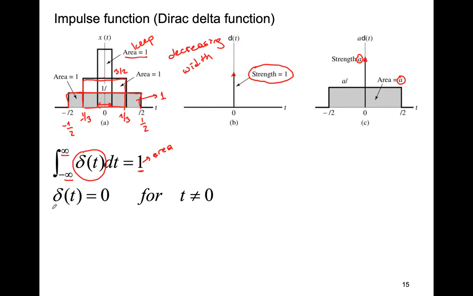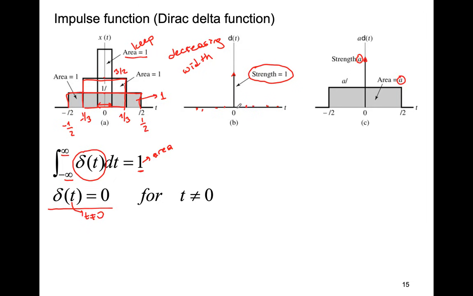It is 0 for all t not equal to 0. You see here, nothing. It is 0 in all the places, 0, 0, 0, 0. But at this point, we don't say the value at this point is 1, but the area under this point is 1. Okay, this is critical.